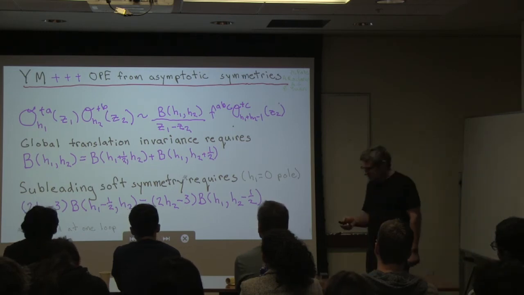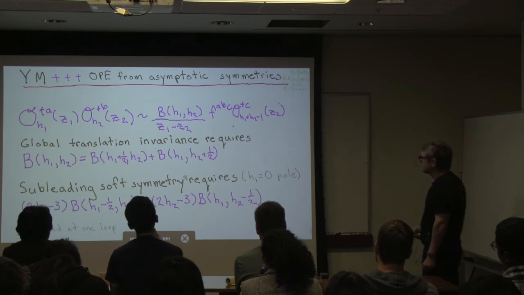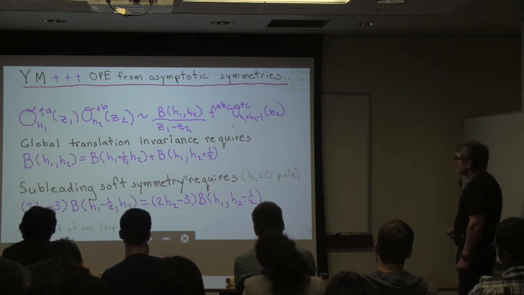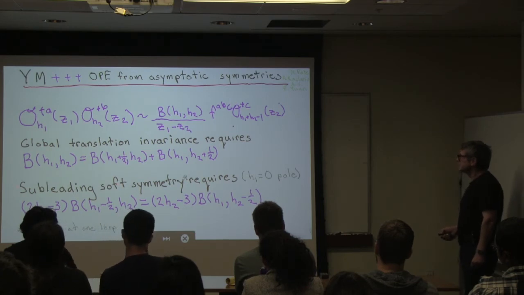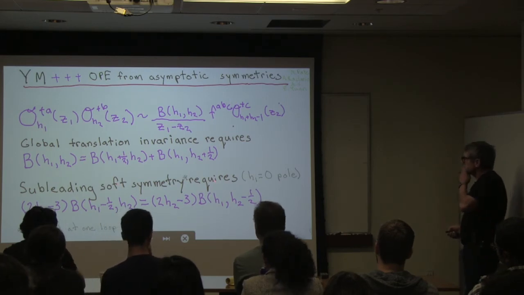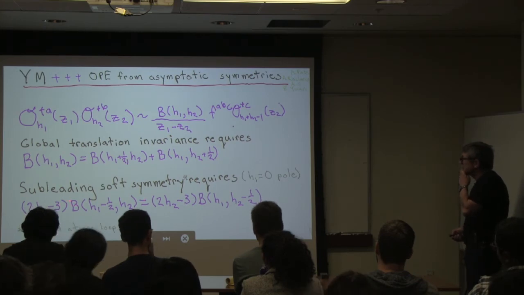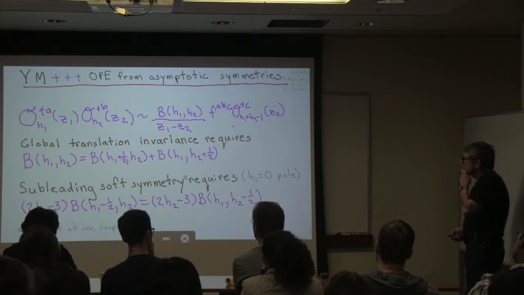Okay, now there's something which takes more time to work out: the subleading soft gluon symmetry gives us a second recursion relation, which now involves the conformal weights of the operators, and it's this relationship here.